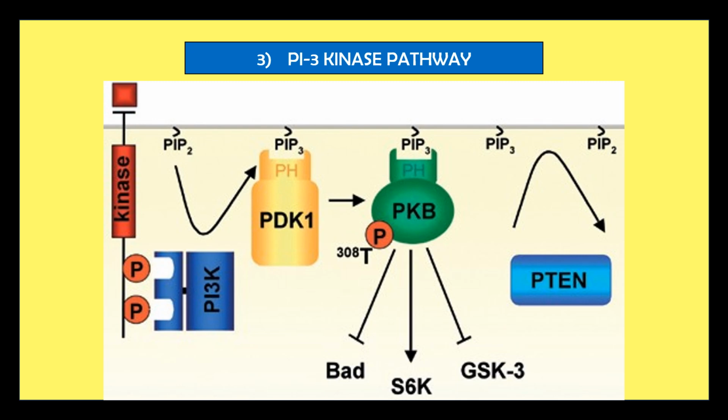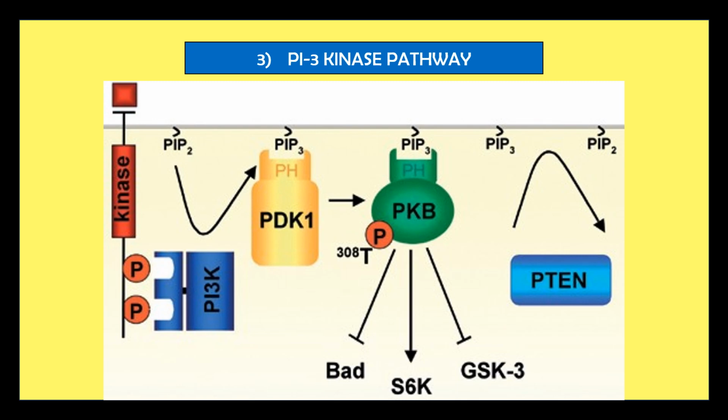A primary binding target of PI-3,4,5-triphosphate is protein kinase B, that is PKB, a serine kinase. Besides its kinase domain, PKB contains a PH, that is pleckstrin homology domain, that tightly binds the 3-phosphate in PI-3,4,5-triphosphate.